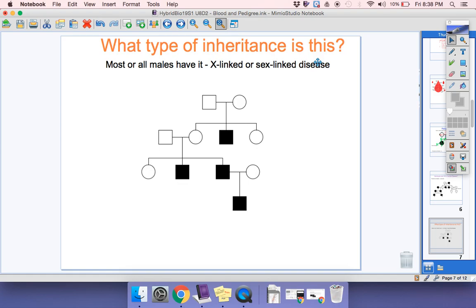So just like when you do the Punnett squares, when you find out it's an X-linked disease, the first thing you have to do is put X's, oops, I'm going to use a different color. Put in XX's for all the girls and XY's for all the males.